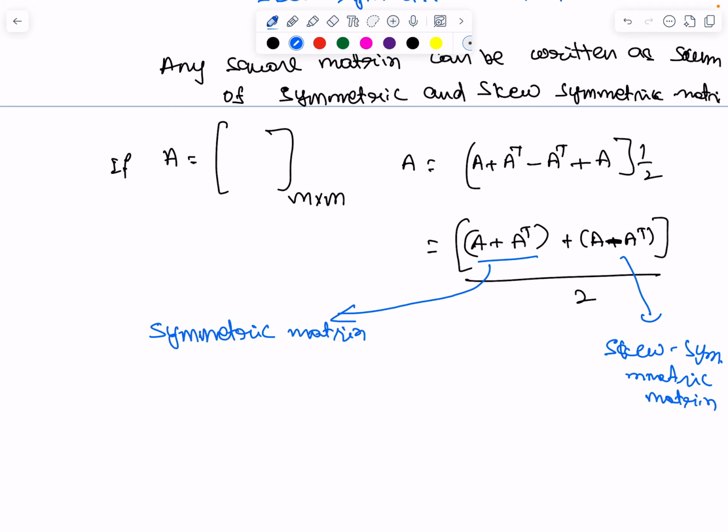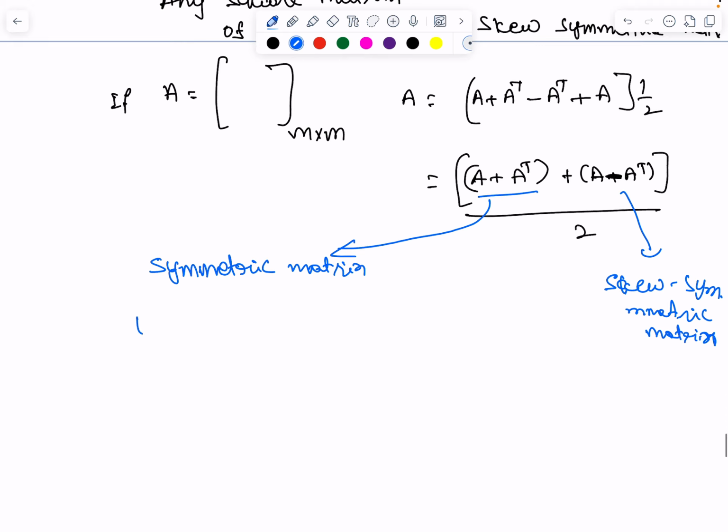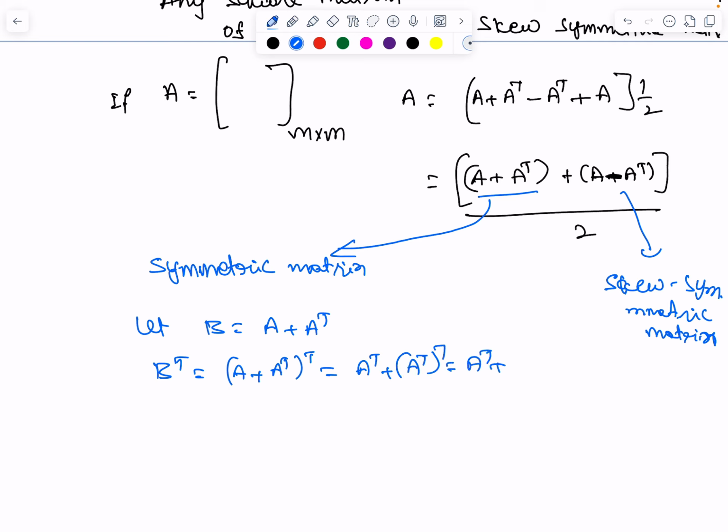That is, if you write let B is equal to A plus A transpose, you apply B transpose is equal to A plus A transpose whole transpose, which is equal to A transpose plus A, which is equal to A plus A transpose, which is exactly equal to B. Therefore, this part is called the symmetric part, symmetric matrix.